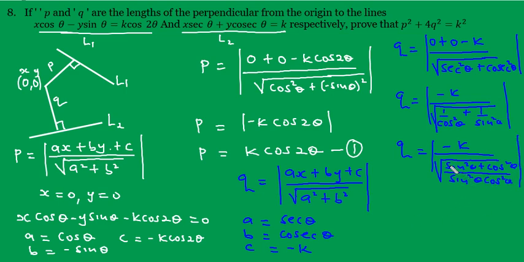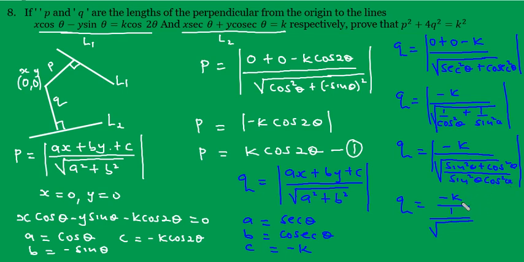And now this is root 1. When you take this sin squared plus cos squared, that is going to be 1. The square root of 1 is 1, so I get negative k over 1 over the root. Now this is sin squared cos squared.